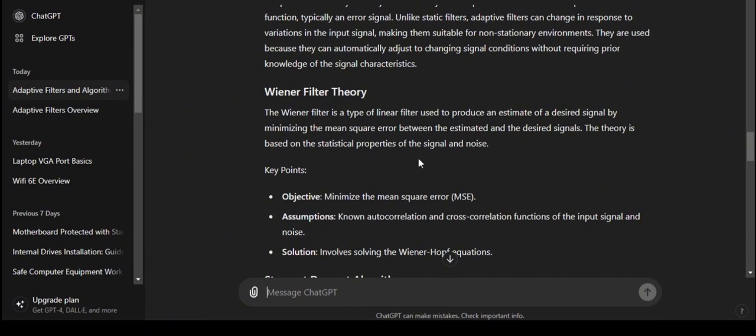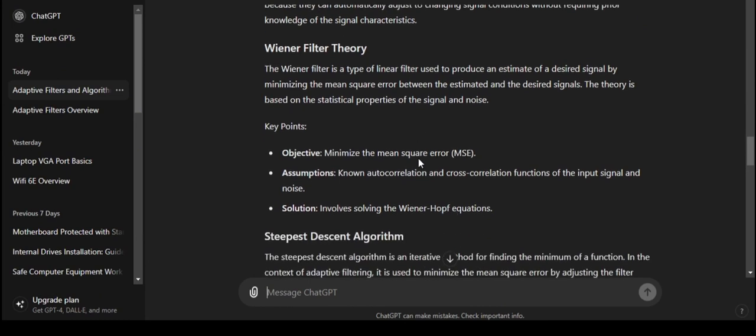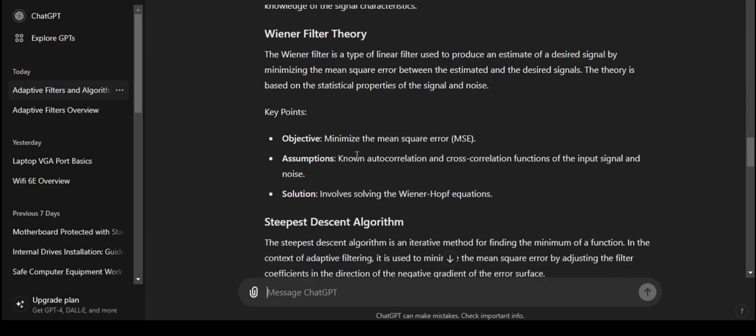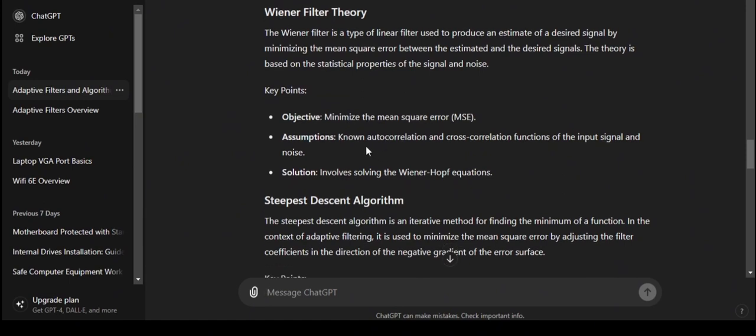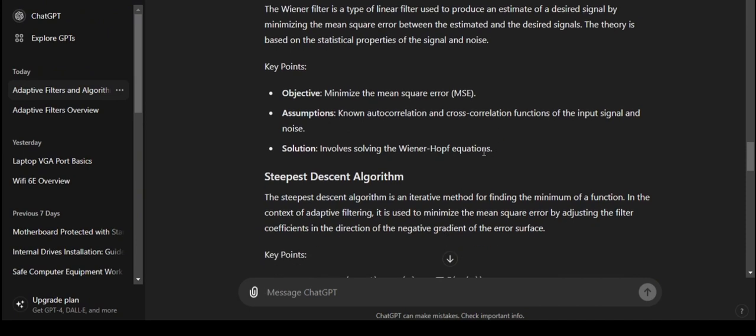The key point is that our objective is to minimize the mean square error, and we assume auto-correlation and cross-correlation functions of the input signal and the noise. The solution involves solving the Wiener-Hopf equation.